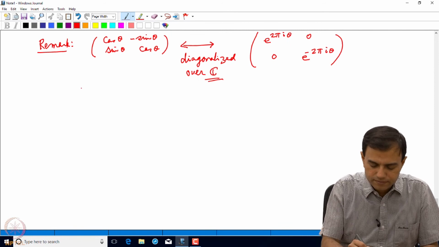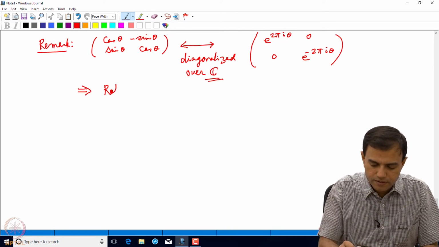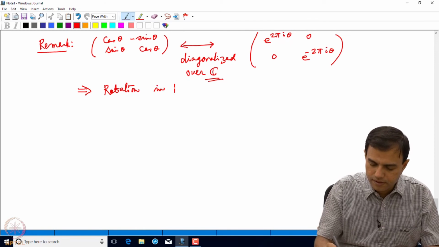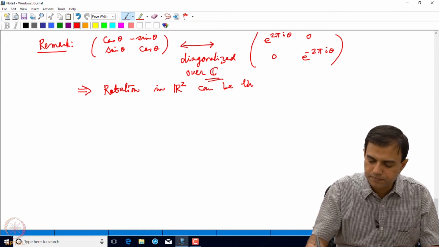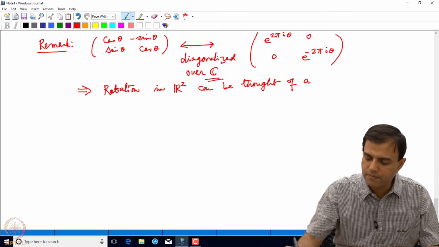So in fact rotation in R2 can be thought of as complex multiplication.